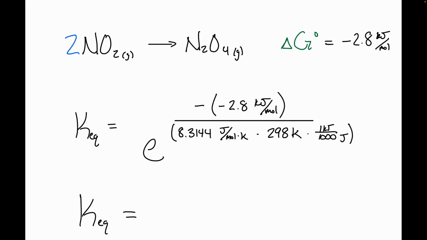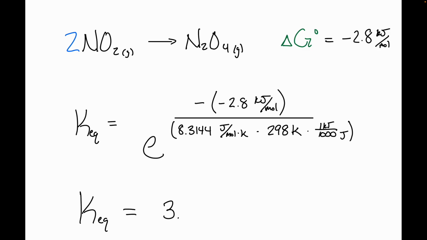So we punch this into our calculator. We get 3.1, a value that's over 1 but less than 1,000. So this would be a reaction that weakly favors the products.